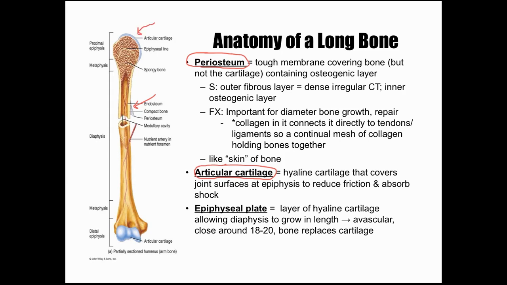So these are found on joints. So right there, that would be where your femur attaches to your hip. And since I have arthritis, all of this articular cartilage has been worn down over years and years of using it during baseball and golf, whatever.